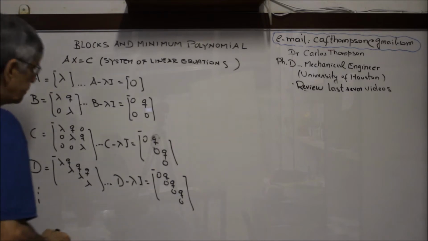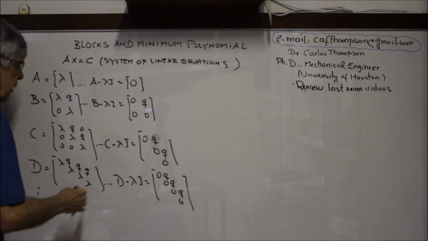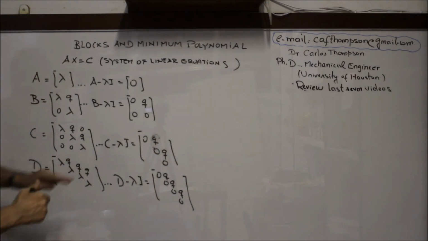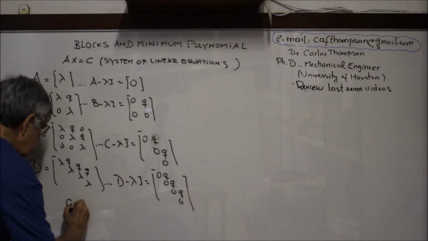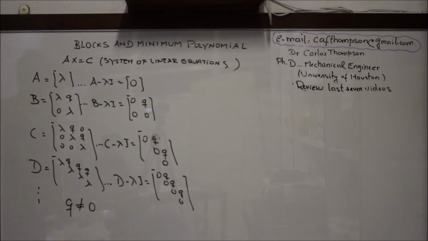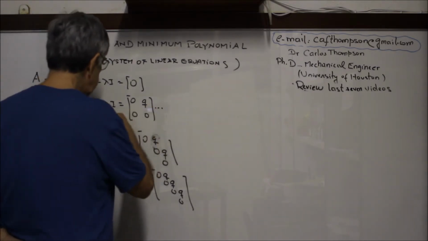Now, this is my diagonal, and this is what you call the super diagonal. Q is real, different from 0. Now, let's square this matrix.